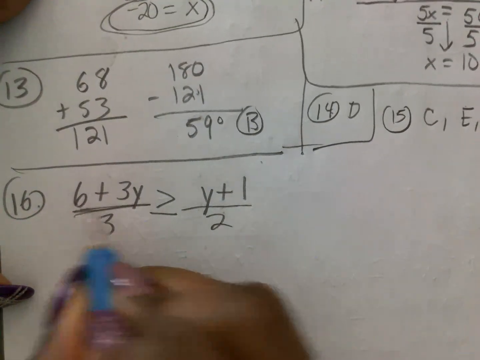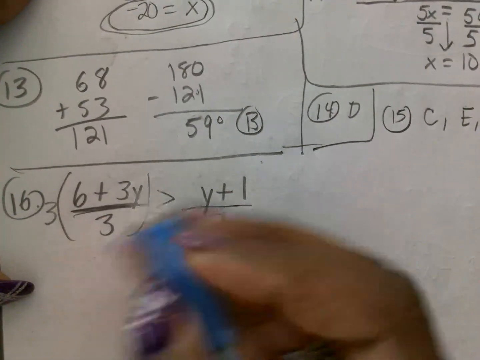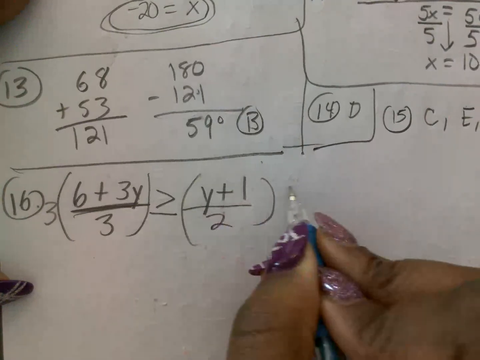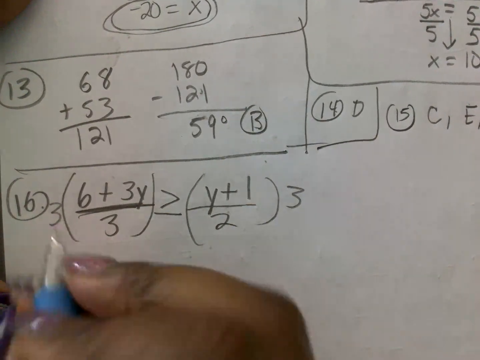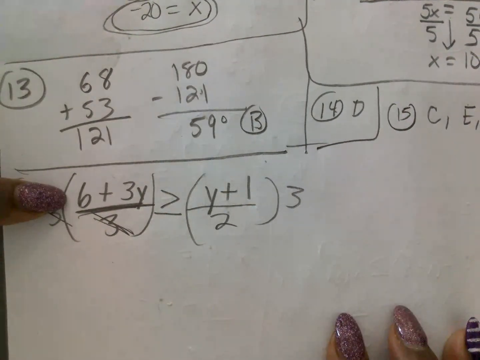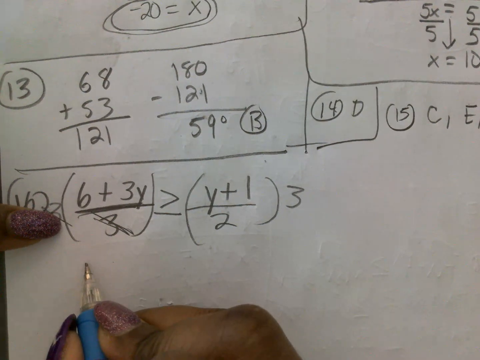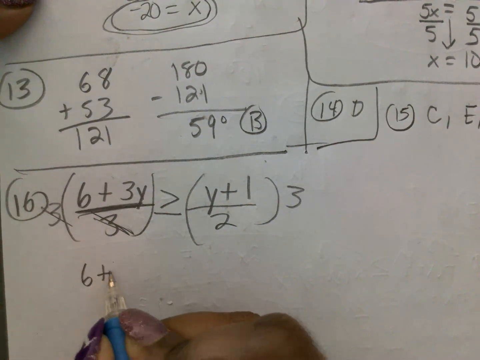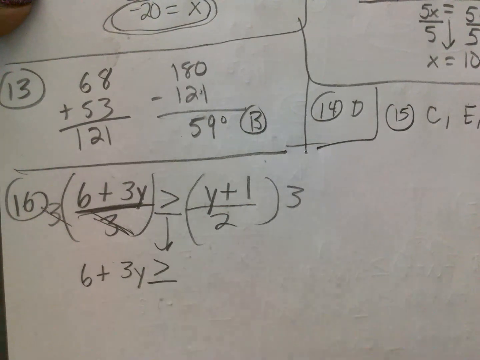The opposite of division is multiplication. So let's multiply both sides by 3. When I multiply this side by 3, this 3 cancels out, and so that means I'm left with, on this side, 6 plus 3y.